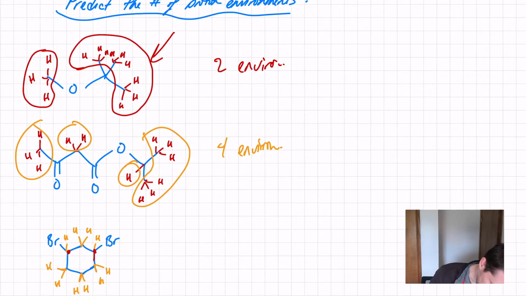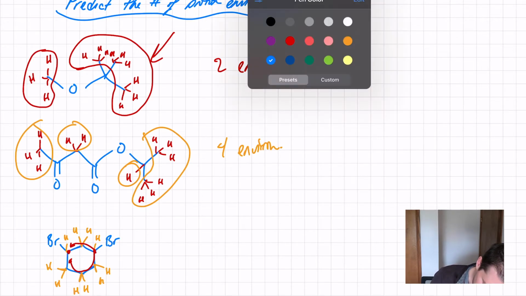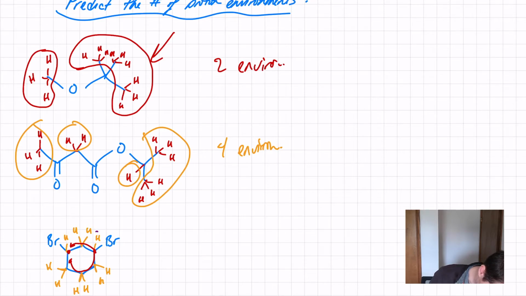If I go around in this direction and this direction, it's the same as if I do it from this carbon right here. I can go around this direction or this direction. It's exactly the same. So actually, let me grab a few different colors here now. Okay, so that hydrogen and that hydrogen, they're in the same environment. These hydrogens are in the same environment, obviously.